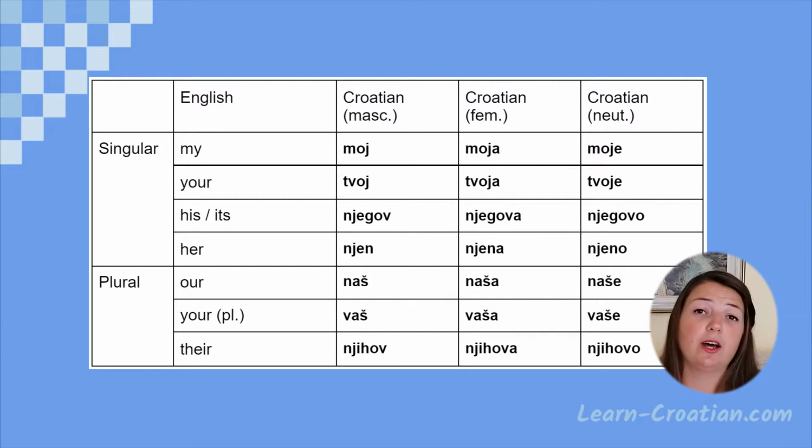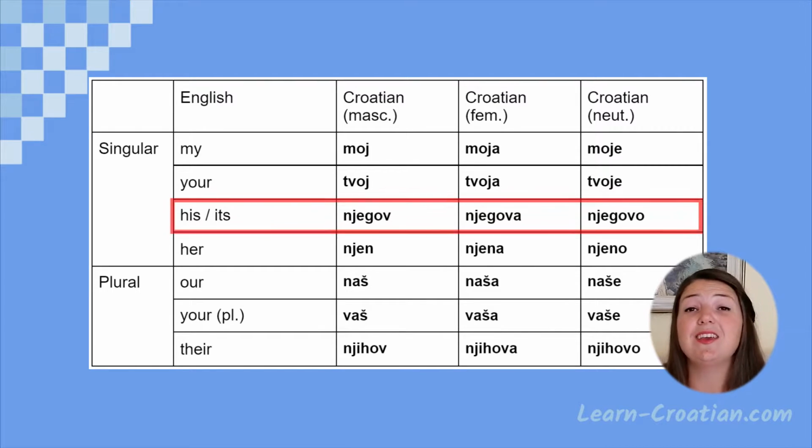But let's move on. You see the third person, his. For each gender, you have, again, three different forms. Even though his is essentially a masculine form, he can still possess something of a different gender.